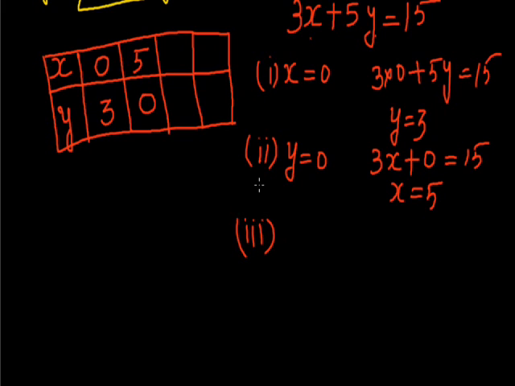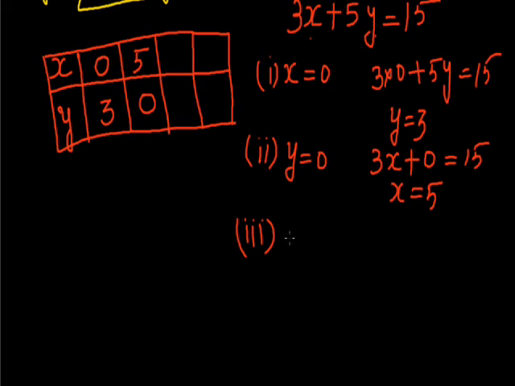Sometimes we get the fractional value of y or x, and if it is difficult to locate the points, we will try another point. That means if we are putting x equals to 2 or 3 in this equation, we will get the fractional values of y which are not easy to locate on the graph paper.